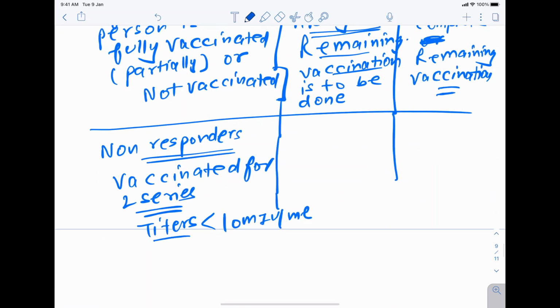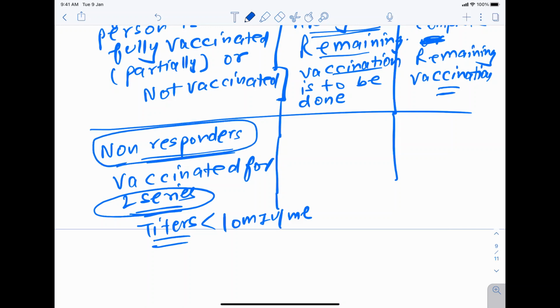Series means 0, 1, 6 and again repeated 0, 1, 6 after some time, and still the titers remain this. They are known as non-responders.